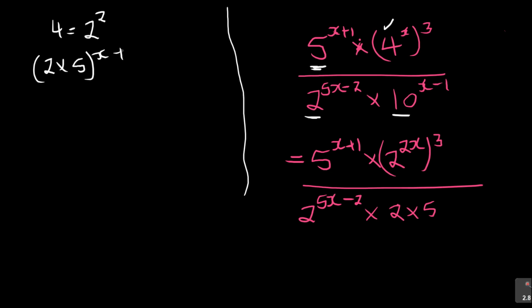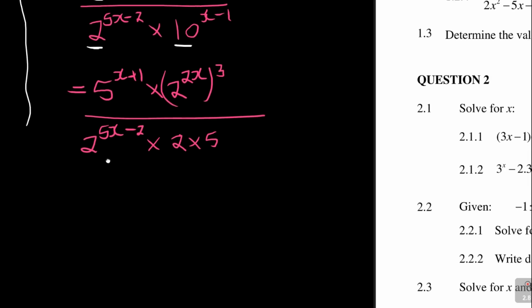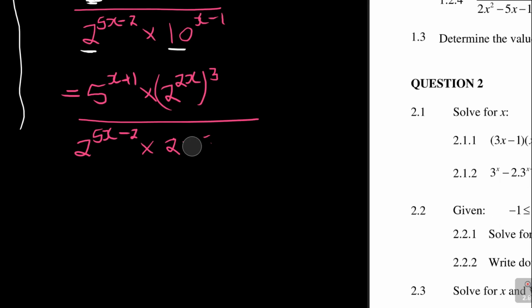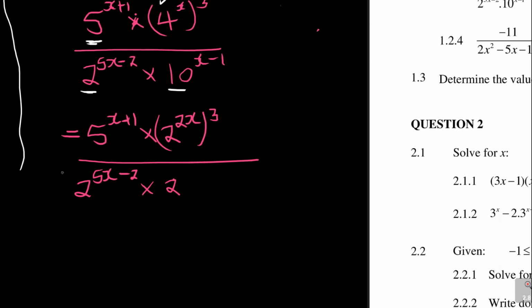So you must know that this affects that one and that one. So I have 2 to the power of x minus 1, and then times 5 to the power x minus 1. Are you getting that? Then we're good to go.